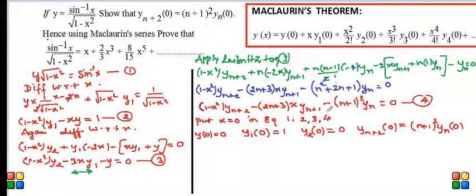So this becomes now our main equation, and this is now proved. Let this be equation number 5.